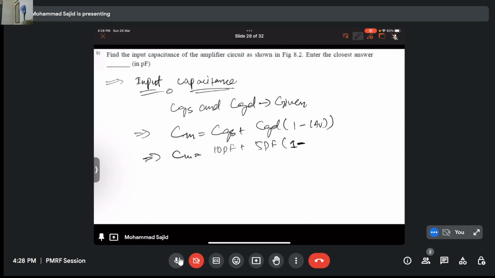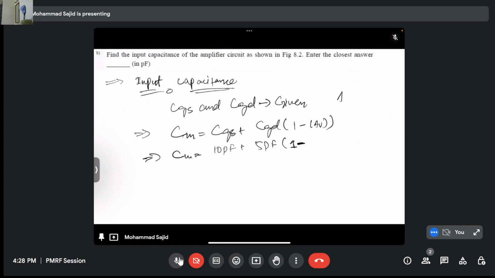So if you happen to solve this question, you will find that gain is equivalent to 27.